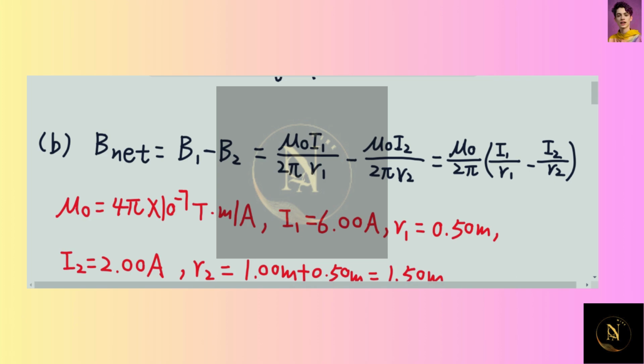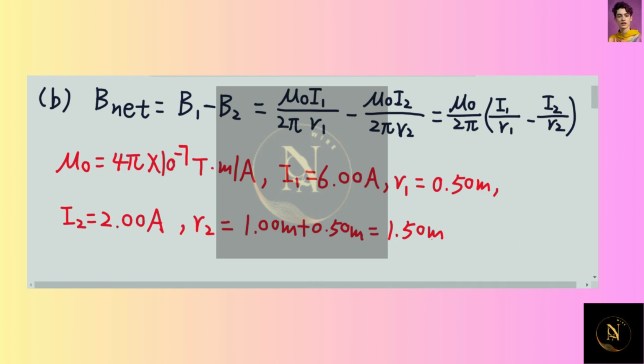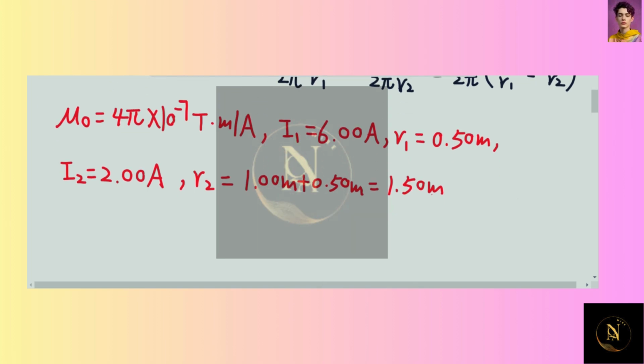I1 is 6 ampere, R1, the distance between wire 1 and point Q, is 0.50 meter, I2 is 2 ampere, and R2 is 1.5 meter, the distance between wire 2 and point Q.